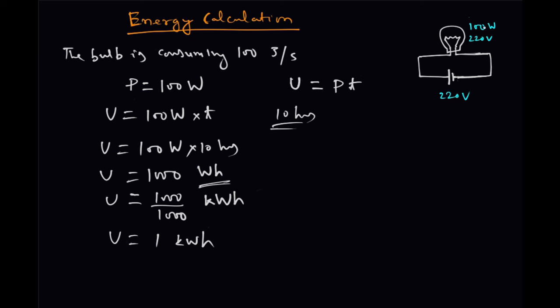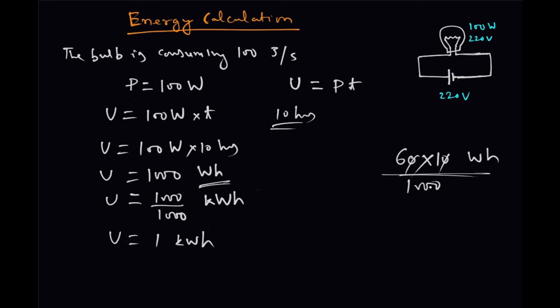If it is a 60 watt bulb, then how much energy will it consume if it is on for 10 hours? It will be 60 watt into 10 hours. So this much watt hour will be the energy consumption in 10 hours. If it is divided by 1000, we get how much?